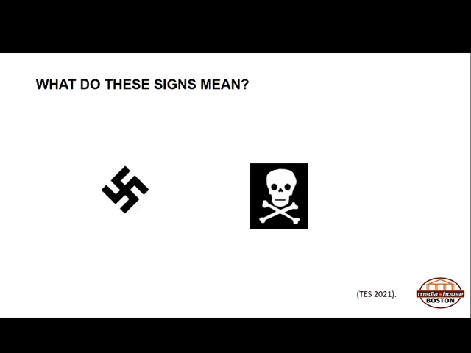If you take a look at the other one on the right, the skull and crossbones, that actually originated in, I can't remember if it was the 14th or the 15th century, when pirates used to sail the high seas and basically hijack other ships and steal their cargo and recruit or kill all the people on board.